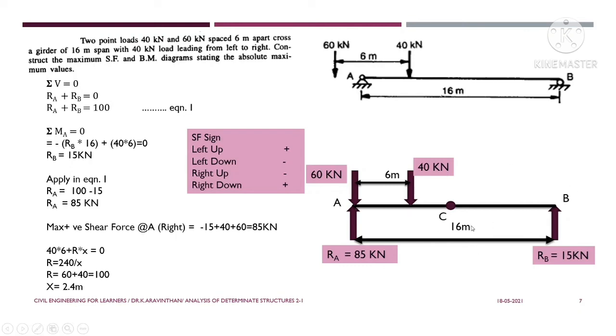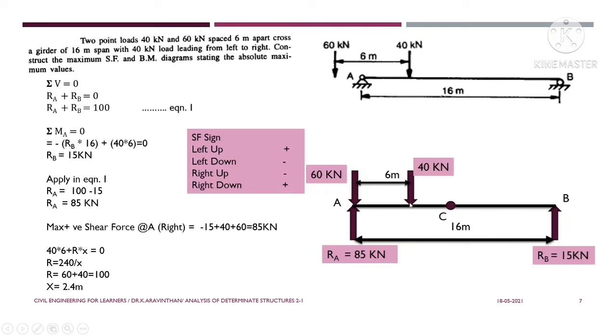Okay. These are the sign conventions. Right side upward of 15 is minus, so minus 15. And if I am looking into right hand side, I have 40 kilonewton, which is right side downward. Right side downward will be plus.